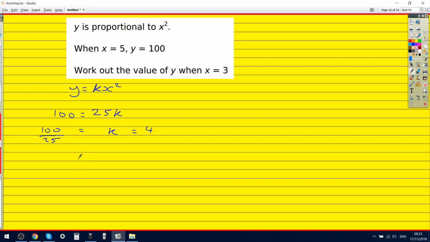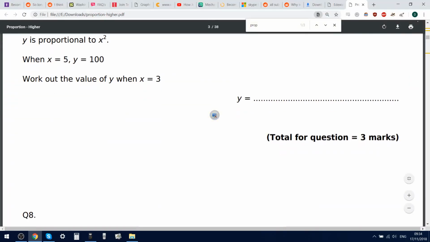And then do I just do 3 times 4 to get y? That would be if it was kx. Oh, so 4 times 9, and so 36. That's it. Any questions about that one? No. Okay, so y equals kx squared.